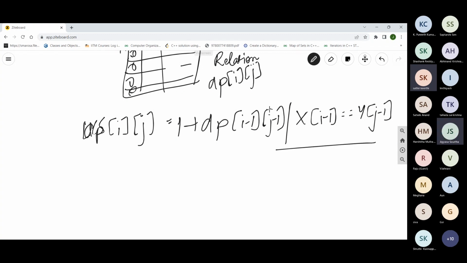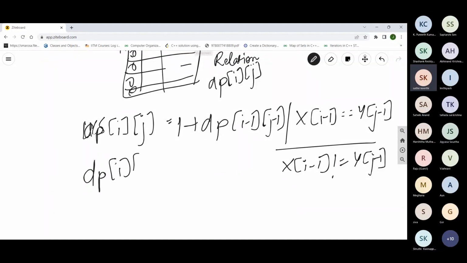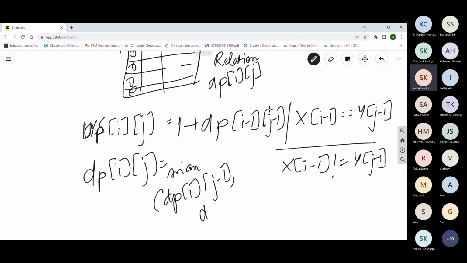Else, if x of i minus 1 is not equal to y of j minus 1, the dp of ij will be max of dp of i, j minus 1 or dp of i minus 1, j. Is that clear?